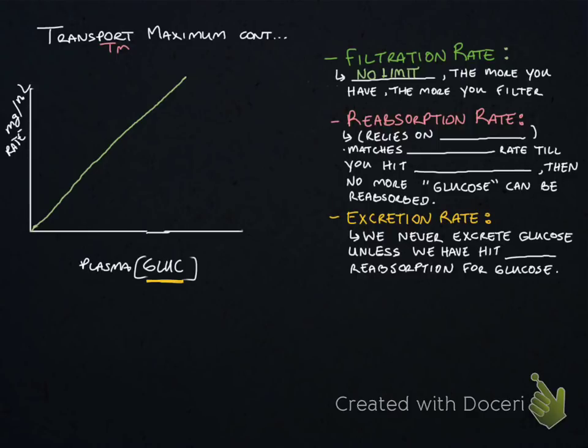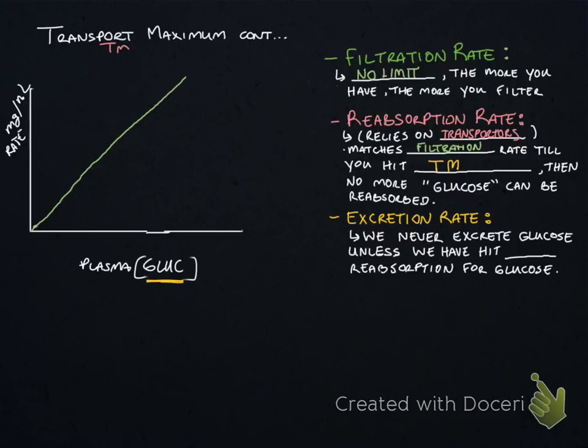What about with reabsorption? Well, it relies on transporters. Okay. It will match filtration rate till you hit what is called the transport maximum. Then no more glucose can be reabsorbed.